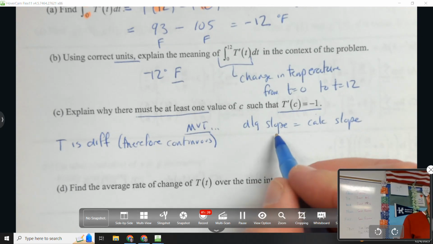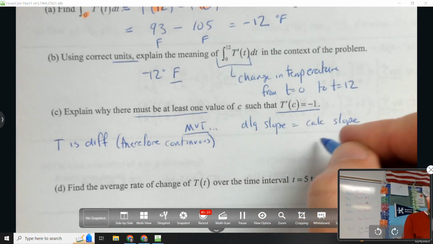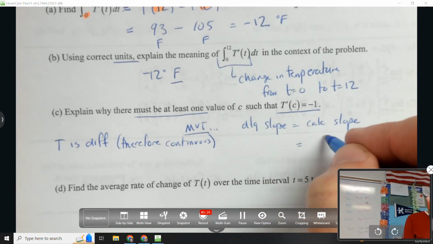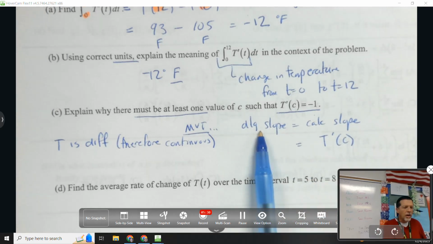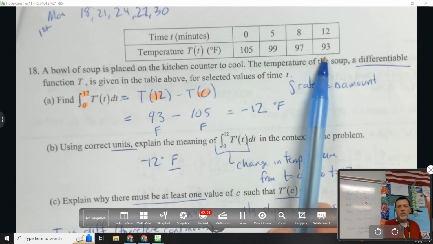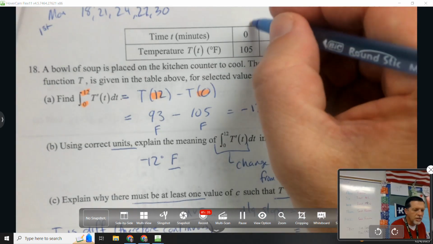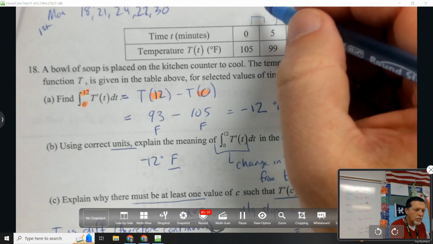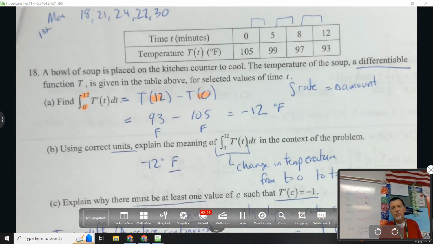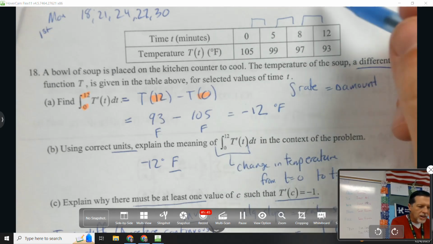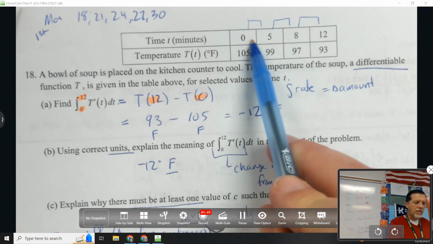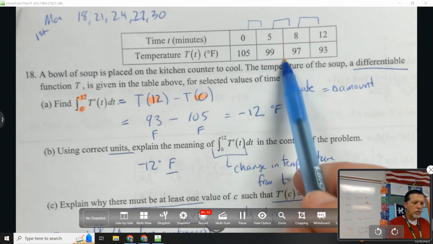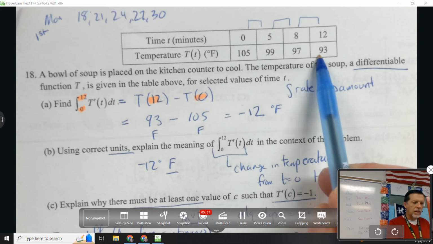And so they're telling me that the calculus slope is negative 1. So the calculus slope is t prime of c. I need somewhere for the algebra slope to be negative 1. So I basically need to look at all my different possible slope combinations and figure out where I can get negative 1 from. Anybody see it yet? Let's see. That would be 6/5. That would be 2/3. That would be, there it is.